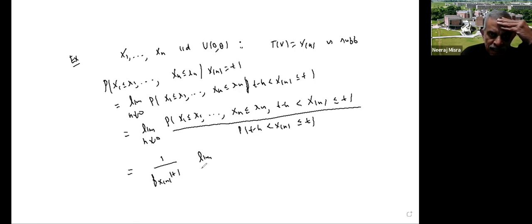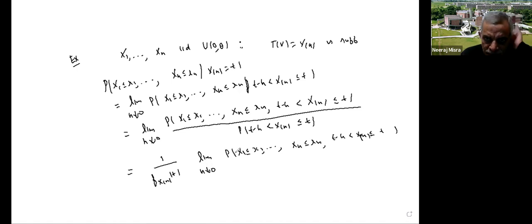And then the limit h going to 0 of the probability X1 less than or equal to x1, ..., t minus h less than X(n) less than or equal to t, divided by h. Is that okay?